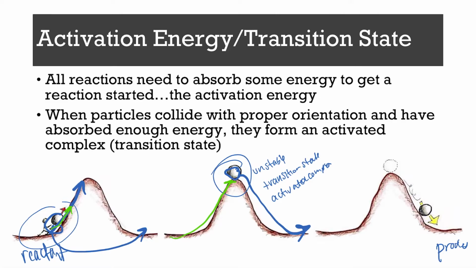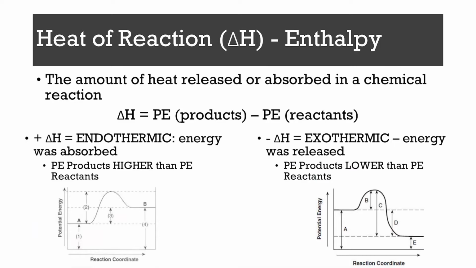When a reaction happens, the particles involved, your reactants, need to collide with each other with proper orientation, facing each other the right way, and have absorbed enough activation energy to form that middle activated complex. Not enough energy being absorbed, it will not go. We're going to talk about this more in a few lessons, that is collision theory. But again, activation energy is the energy needed to start that reaction.